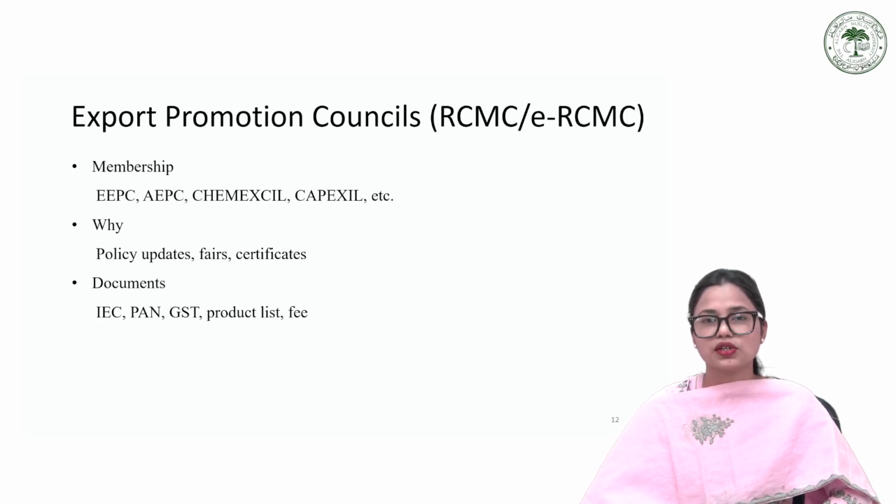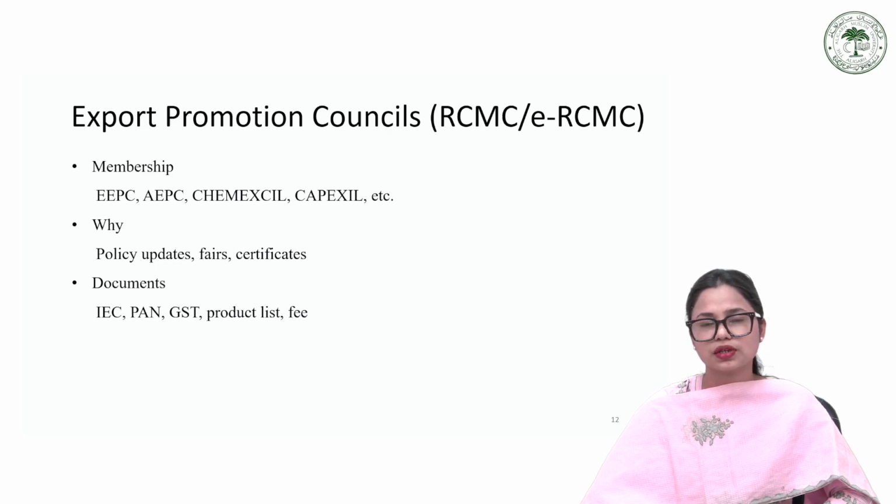Dear students, let us now look into the registration cum membership certificate, or digital registration cum membership certificate. It gives membership to various export promotion councils like EEPC, AEPC, Chemical Exports Council, CAPEXIL, etc. Why is it used?